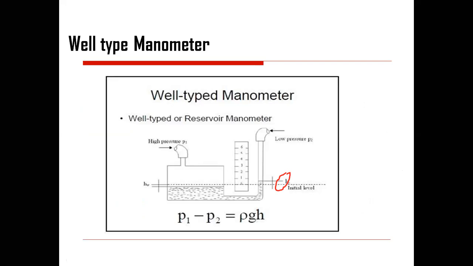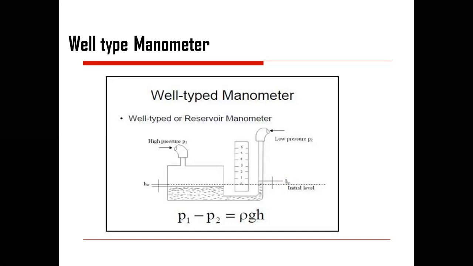Don't get confused: if the question is to write a short note on the reservoir type of manometer or well type manometer, it is also called a reservoir type manometer. The working principle is also similar to that of the U-tube manometer.